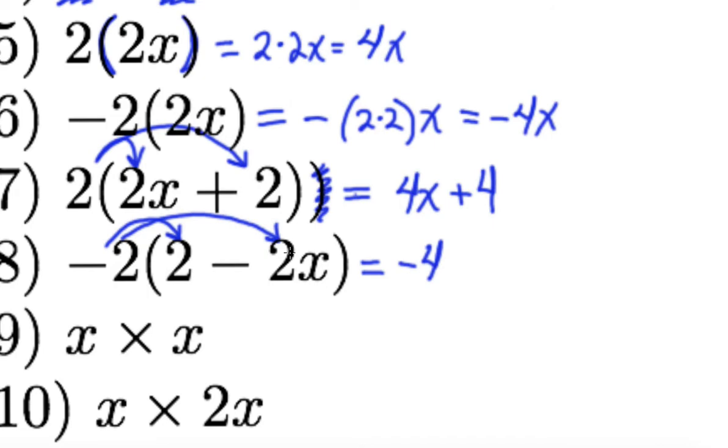But what is negative 2 times negative 2x? Remember, x is just some quantity. So it could be gardens. It could be the number of tomatoes in a garden. It could be the number of tomatoes in a freighter. Negative 2 times negative 2x. Here, let's go back here. Alyssa, what is negative 2 times 2x?